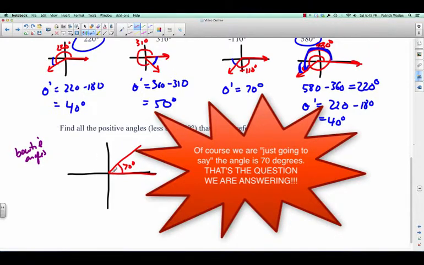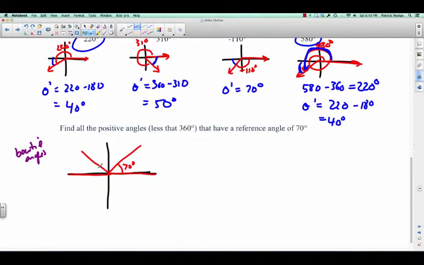There would also be a reference angle in the second quadrant that's also 70 degrees. There's also a reference angle in the third quadrant which is 70 degrees, and there's also a reference angle in the fourth quadrant which is 70 degrees. Do you see why it's called bow tie angles? Because we can make this nice bow tie. Man, I'd love to have that bow tie with 70 degrees, 70 degrees, 70 degrees, and 70 degrees. It's so cool.